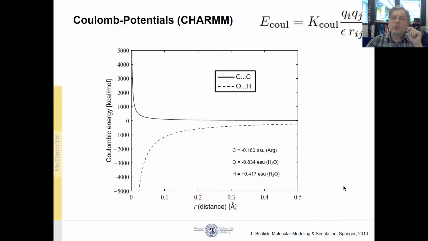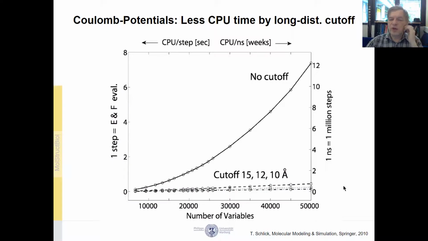That means in general we would have to calculate these long range interactions for all the atoms in these boxes, because they go to 10, 15, 20 angstrom without any problem. However, that would give a combinatorial explosion of interactions you would have to calculate. And that means one has to make cutoffs.